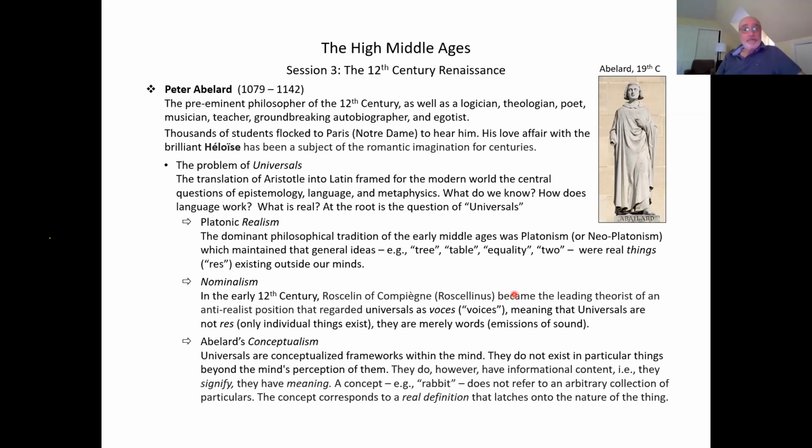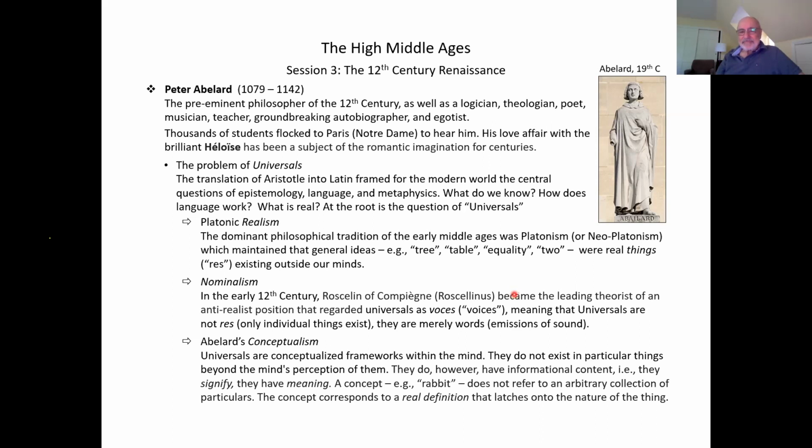General idea, for example, tree, or table, or equality, or two, the number two. According to Plato, these were real things that existed outside our minds. Two really existed outside of our conception.